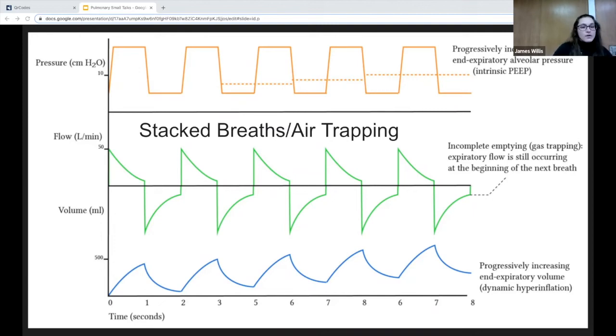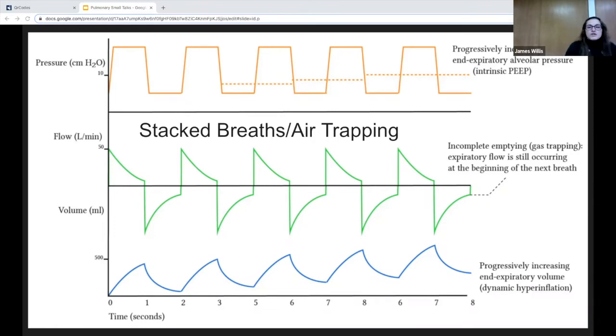On the flow tracing, you'll see incomplete emptying. The upward curve that's coming back to baseline, below the middle black line, does not reach back to baseline before the new breath initiates. And on the volume curve, you'll notice that the end-expiratory volumes continue to increase subtly.